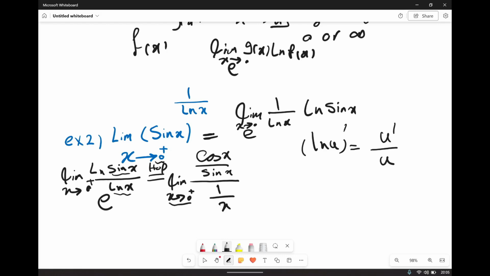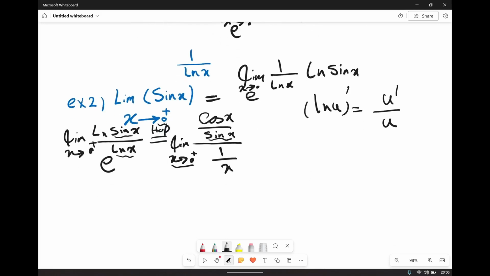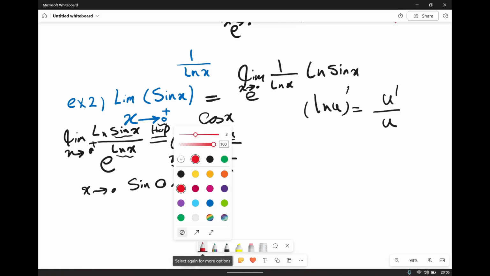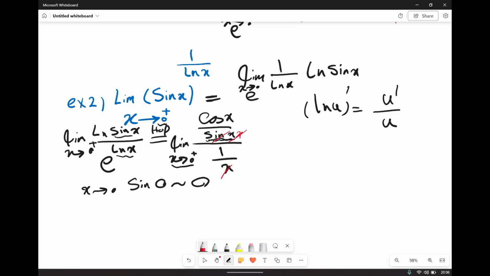When x goes to 0, sine of x is equivalent to x. Therefore I can substitute x instead of sine x, and they cancel each other, and our limit is cosine x as x goes to positive 0, the answer is immediately 1, but the total answer is e to the 1.